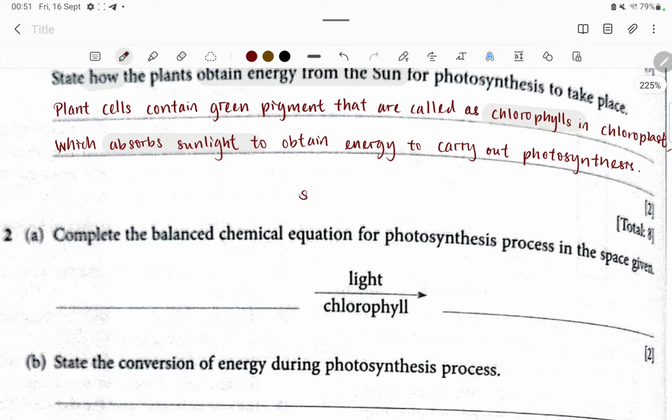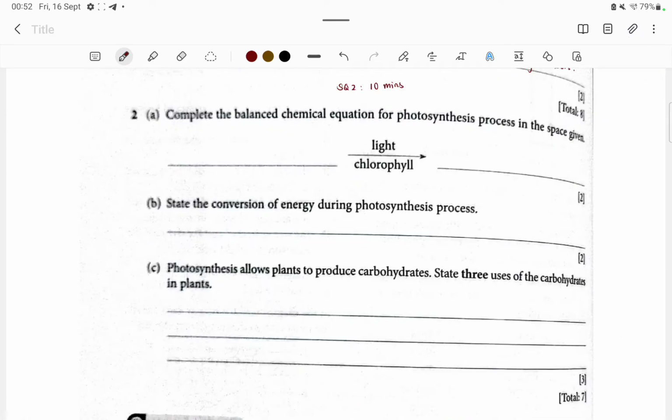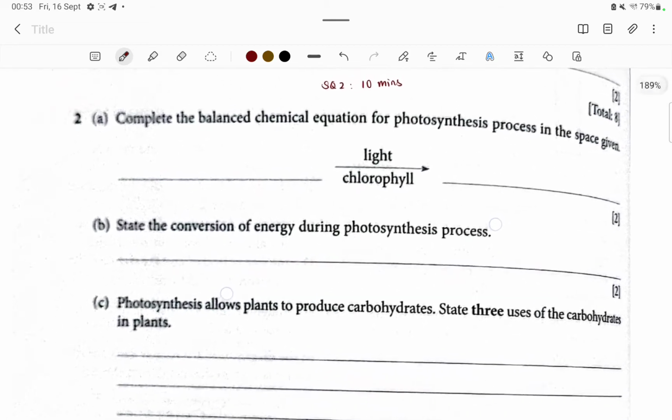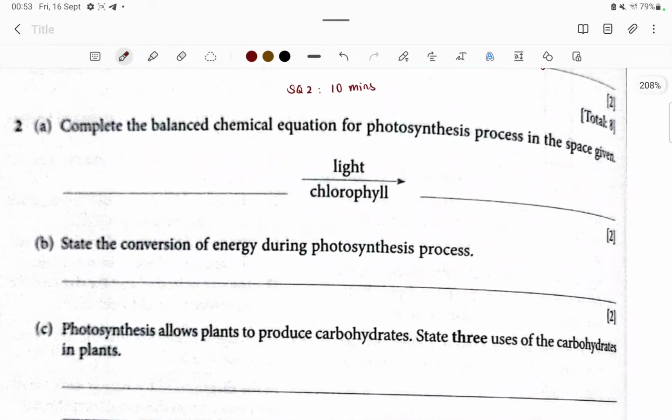Okay. So this one number 2. Let's look at A. Complete the balanced chemical equation for photosynthesis process. So this one they want chemical equation, not word.